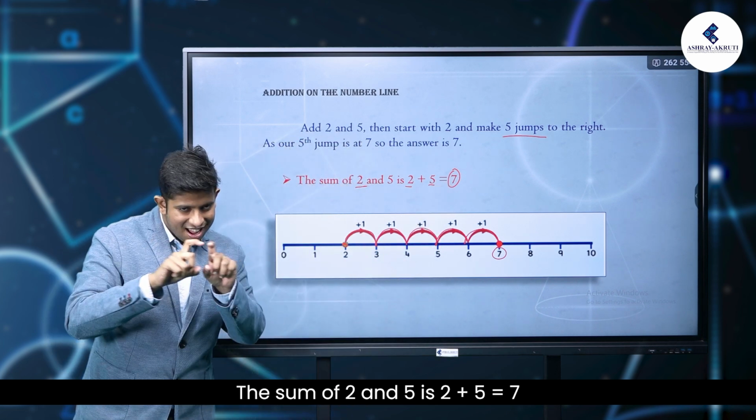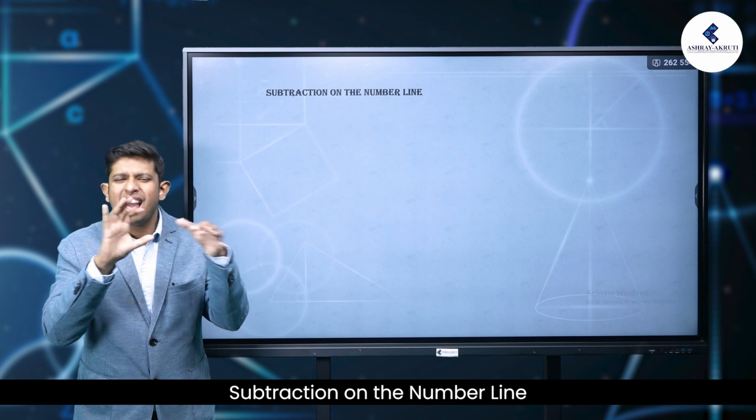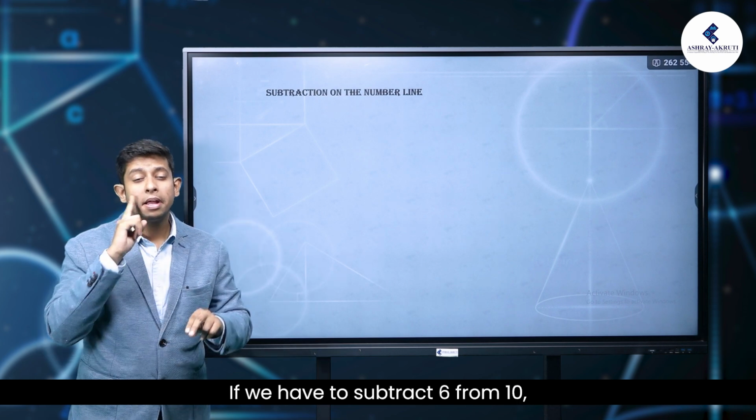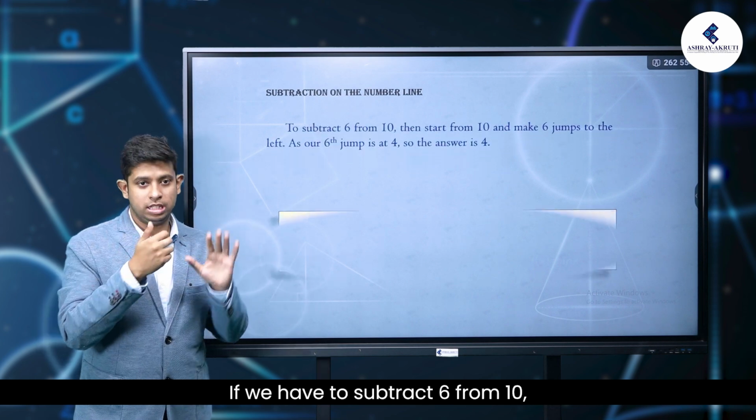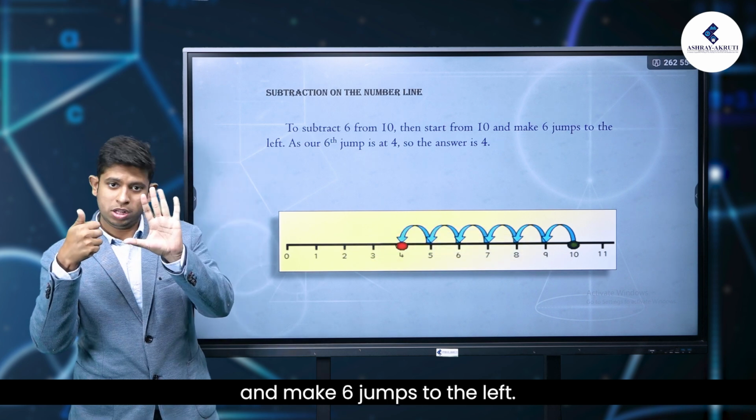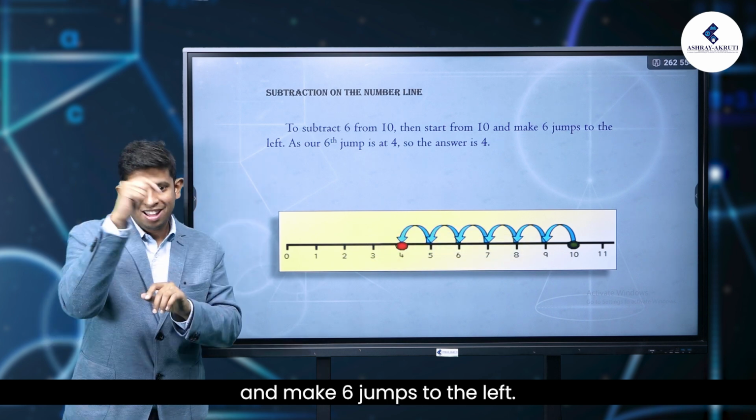Subtraction on the number line. If we have to subtract 6 from 10, then we have to start from 10 and make 6 jumps to the left.